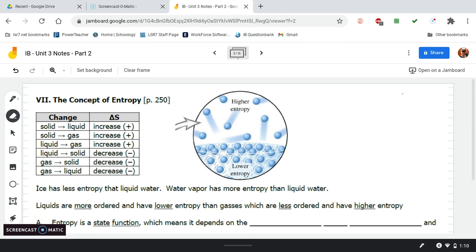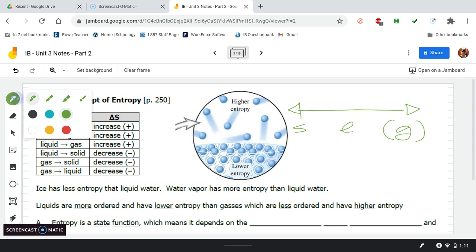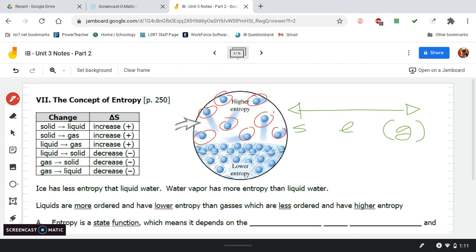But the easy way to look at it is this: if you have a scale from solid, liquid, and then gas, as you go towards the gas phase, the particles are spreading out. They are random. They get to bounce around wherever they want.